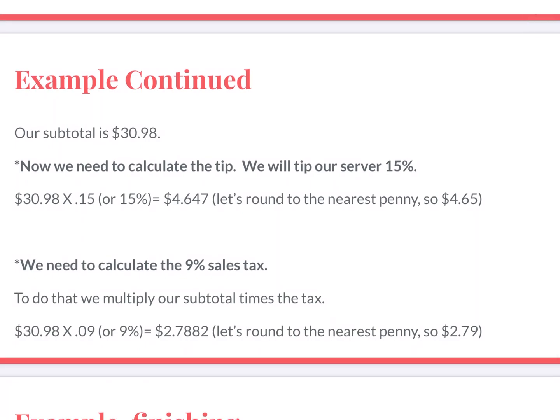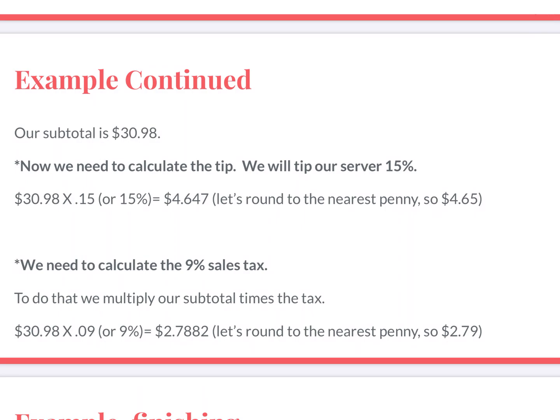Okay, so our subtotal is $30.98. Now we need to calculate the tip. We're going to tip our server 15%, so we're going off of our subtotal. $30.98 times 15%, or 0.15, is equal to $4.647.